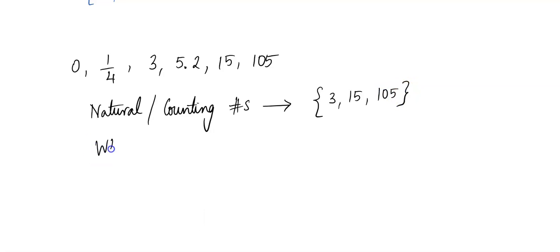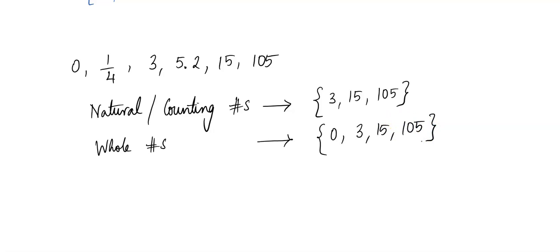And what would be the whole numbers? Remember how whole numbers will have the 0 included in the natural set. So here we do have a 0, so that becomes part of the collection. So we have 0, and of course all that we had collected under the natural numbers.